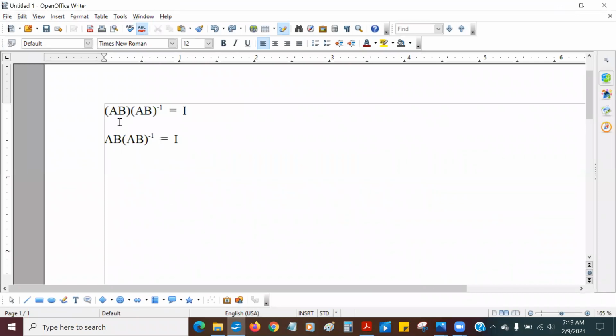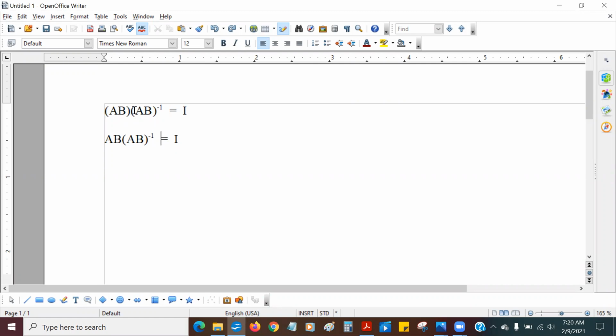So if AB was invertible, there'd be an AB inverse. And A times AB inverse, of course, would be the identity matrix. But matrix multiplication is associative, so I could drop these parentheses here. Anyway, I digress.